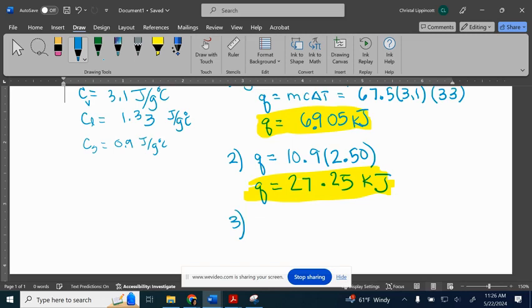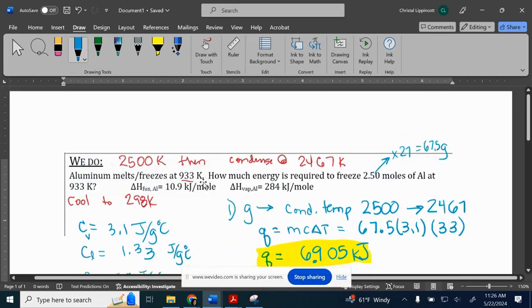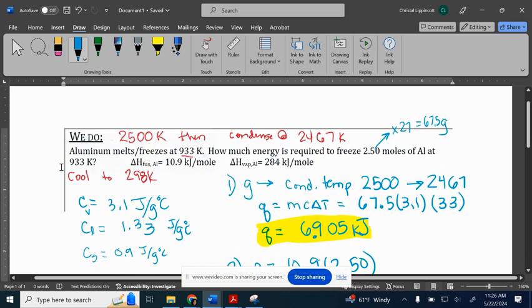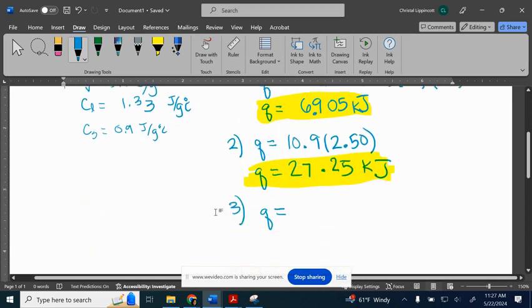Step three, we've got to take that liquid and we need to cool it down to where it is going to freeze. So it's going to freeze at 933. So we're going to go from 2467 minus 933. So my delta T there is going to be 1534.